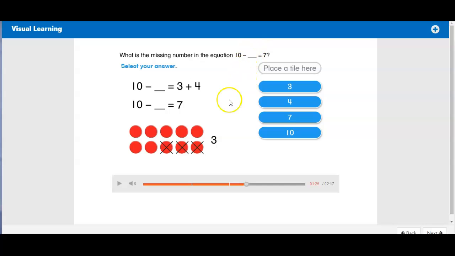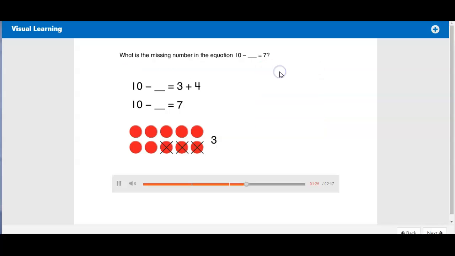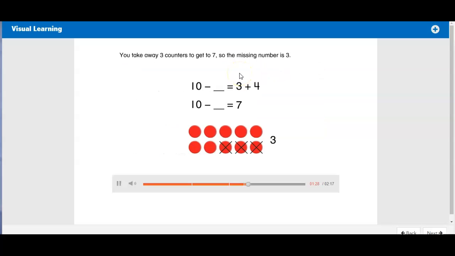So this is what we just did on our last slide. When we had 10 counters, we crossed out 3 and had 7 left. So by crossing out 3, we are subtracting 3. You take away 3 counters to get to 7, so the missing number is 3.